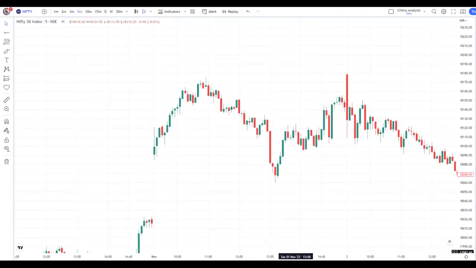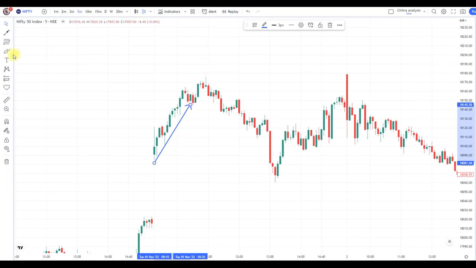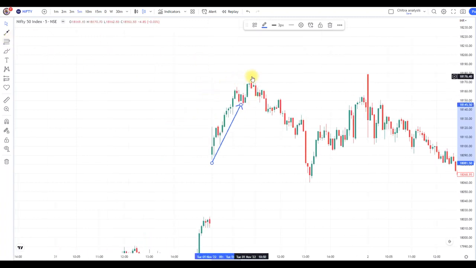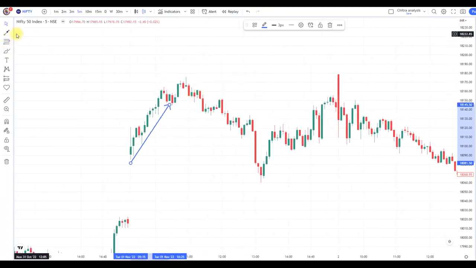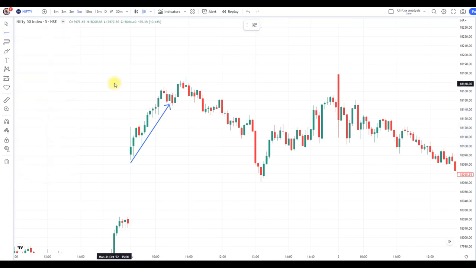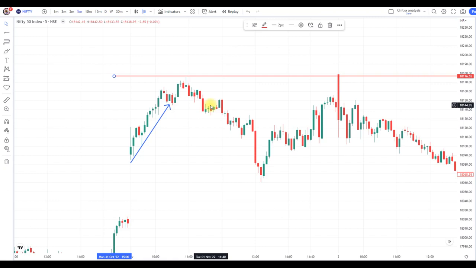Now we can see the gravestone doji and how we can trade using that. Here the price is in the uptrend. When you see that the price is going up, and at the resistance level, here we have one resistance level, we got this gravestone doji at the top of the trend.